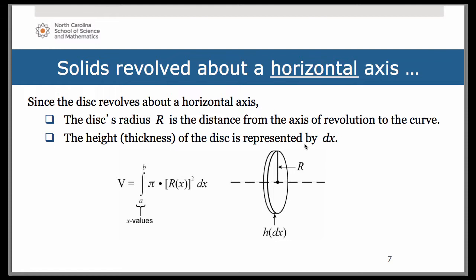If you have a horizontal axis of revolution, such as the x-axis in the previous example, that radius we need for the disk, notice I'm calling it capital R, is going to be the distance from the axis of revolution to the curve. Now think in terms of how we've done this before. If you're trying to find the length of that representative rectangle, think top minus bottom.